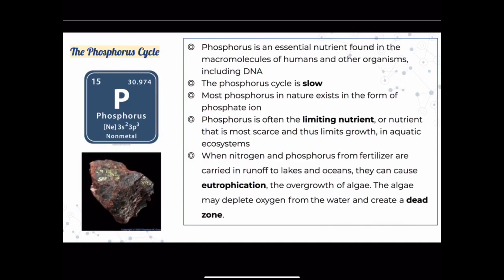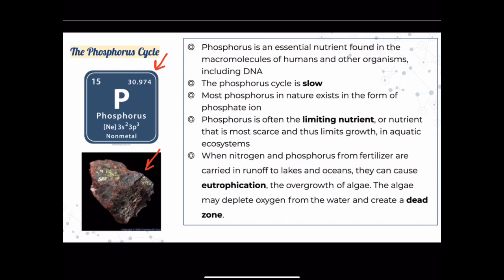Okay, we're going to move right on to the next cycle. The next cycle is a weird one. It's the phosphorus cycle. Phosphorus is the element that it is on the periodic table, and this is what it looks like in nature. But you might ask, why does phosphorus matter? Who needs phosphorus?